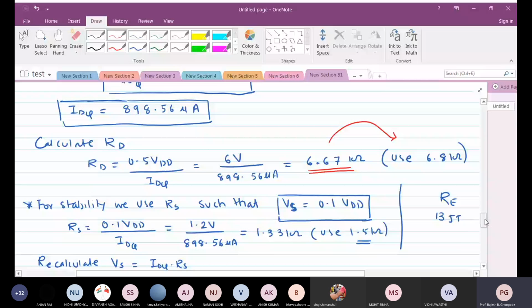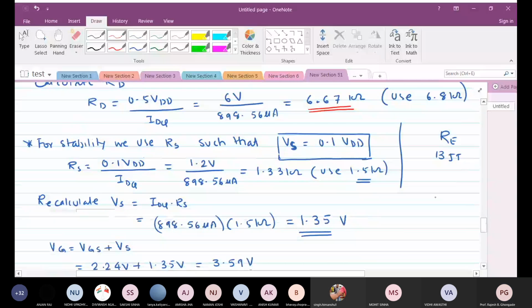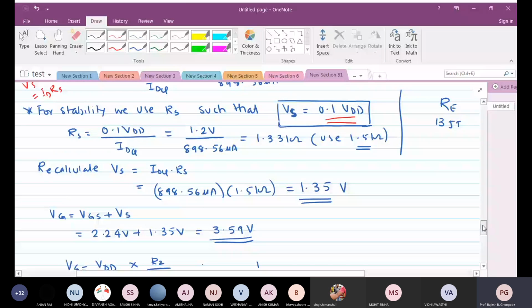Okay. Then for stability, now I introduce Vs, which is equal to ID into Rs. For stability, already know what stability means, I introduce this drop Vs such that it is 0.1 VDD. This is again a design rule, or a rule of thumb, let us say.